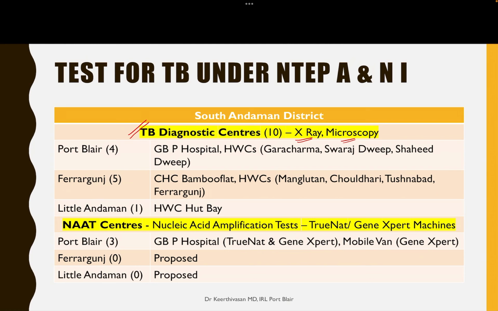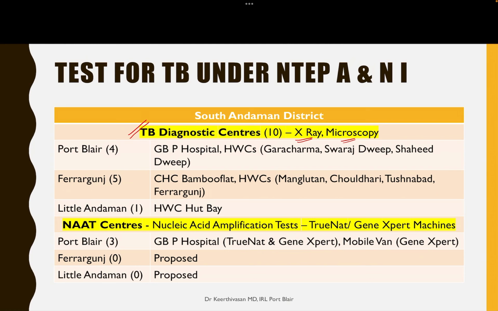That is X-ray. X-ray will give a picture of TB, but it cannot confirm. TB is caused by a bacteria, Mycobacterium tuberculosis, and X-ray cannot tell anything about the bacteria. It can give a picture, and the problem is there are other conditions which mimic the same picture. So we need a bacteriological confirmation that this bacteria is present and causing the disease.